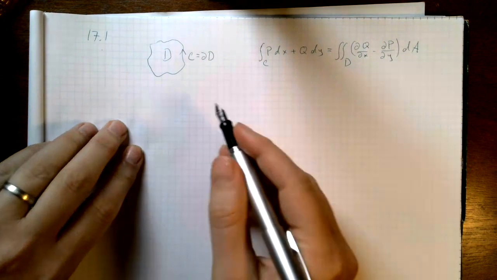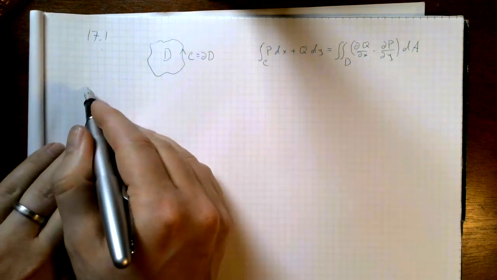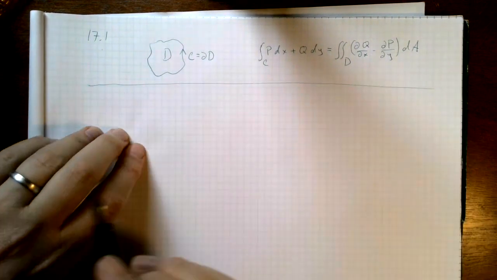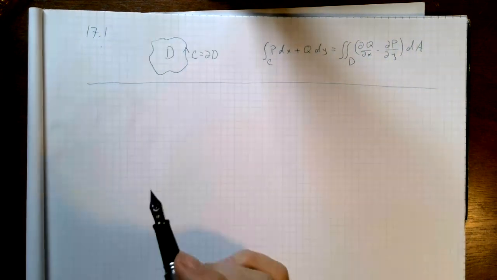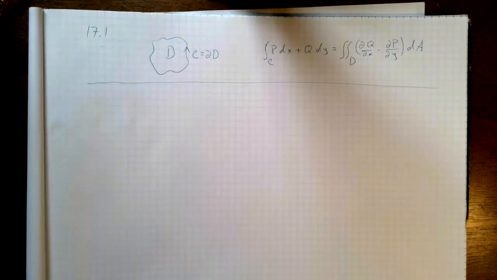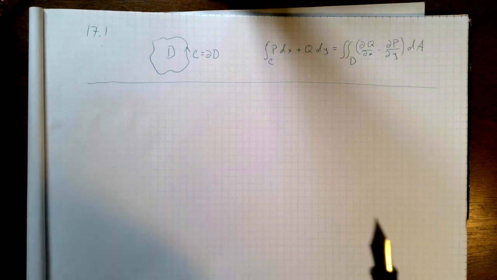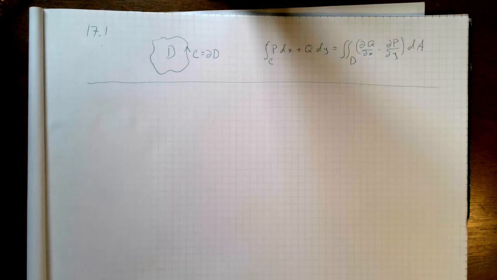Now, as we saw last time, it's really just the fundamental theorem of calculus in more complicated guise. It looks a bit more complicated, but underneath it's really just the fundamental theorem of calculus.